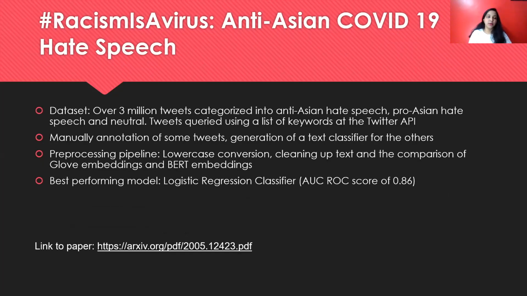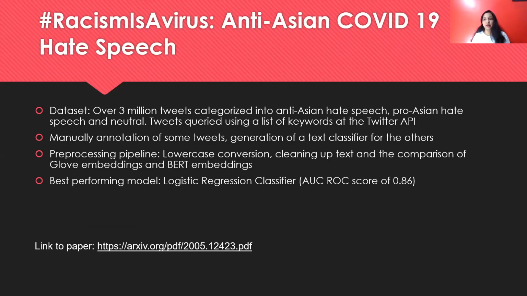Since this was a new problem to solve, the researchers had to collect a data set, and they did that by looking at the Twitter API again. They had a list of keywords this time, and they were able to query 3 million tweets, and obviously that's too big.